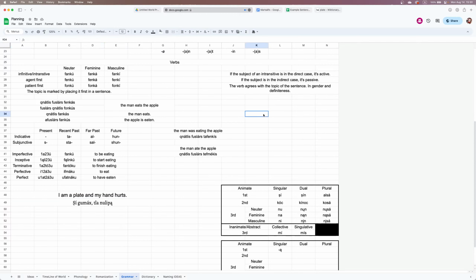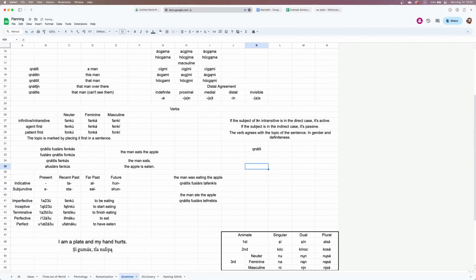So if, let's take Gnatli, a man. Oh god, it made my verbs so complicated. Panu.